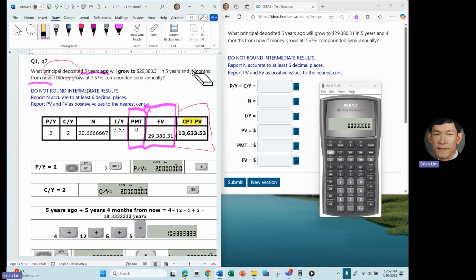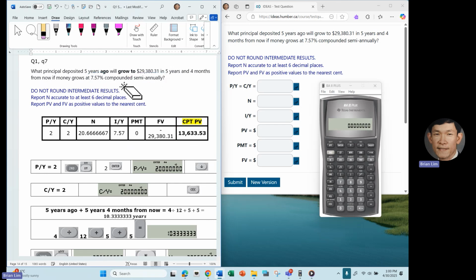The compounding is done semi-annually, so that accounts for these twos in there. The interest rate is 7.57, and that is the number right there. So we have the information we need to do our calculation.